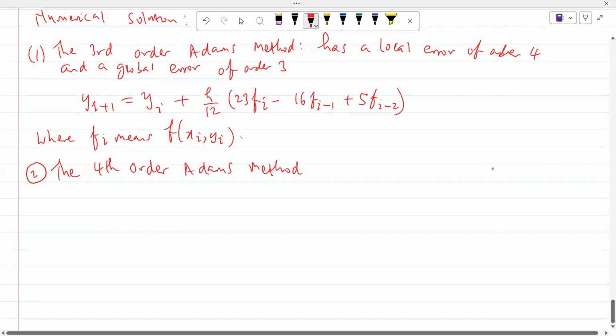But the fourth order Adams method also has another name: the Adams-Bashforth fourth order method.